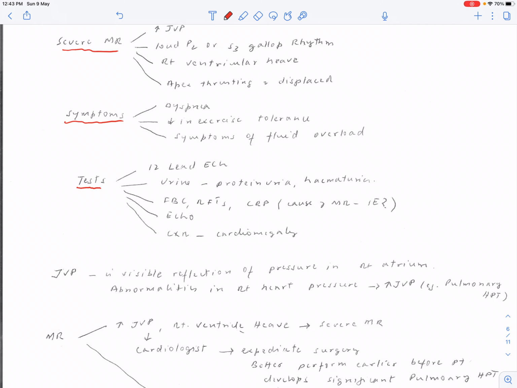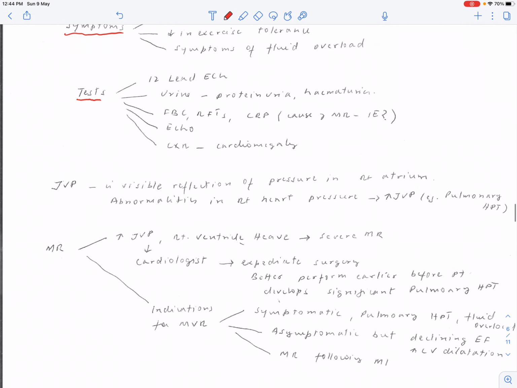Then we want to do a urine test to look for any proteinuria or hematuria if you're thinking about infective endocarditis, plus full blood count, renal function tests, and CRP. The inflammatory markers are needed because you're thinking about causes of mitral regurgitation like infective endocarditis. Echocardiography is needed to confirm your diagnosis, and a chest X-ray to see whether the patient has cardiomegaly.